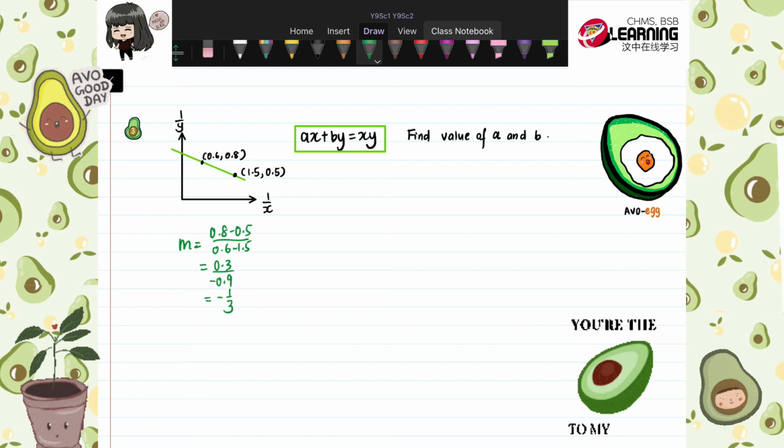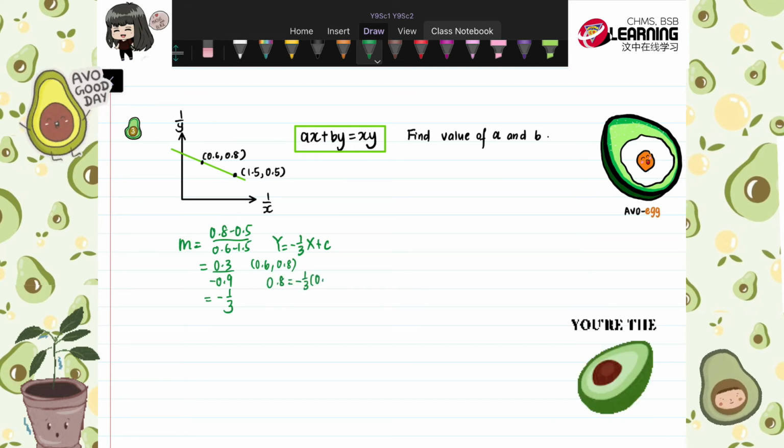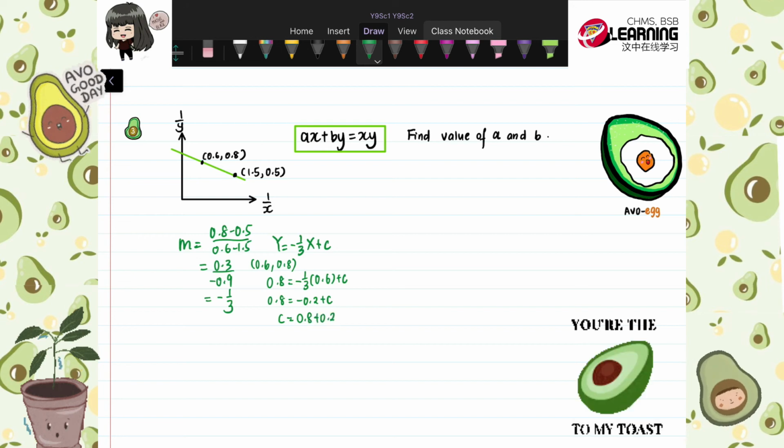Negative 1 over 3, and then big Y equals negative 1 over 3 big X plus C. I sub in 0.6, 0.8. So my C is 1.